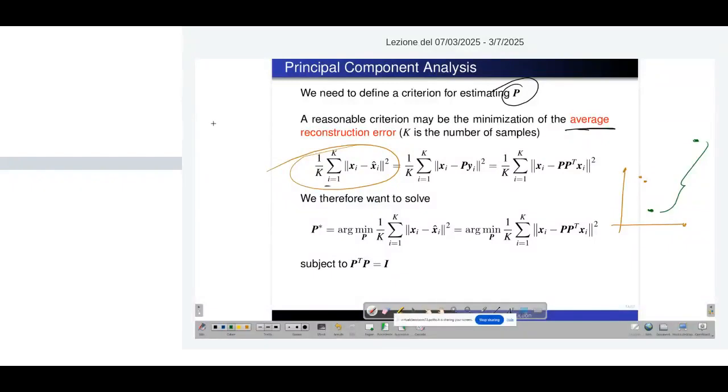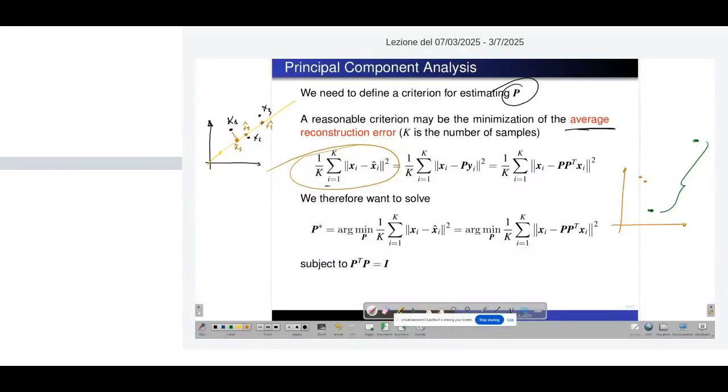We can therefore take our training set and for each sample compute what is called the reconstruction error. That is, we project our point, we represent the projection in the original frame because we need to have its coordinates in the original frame.